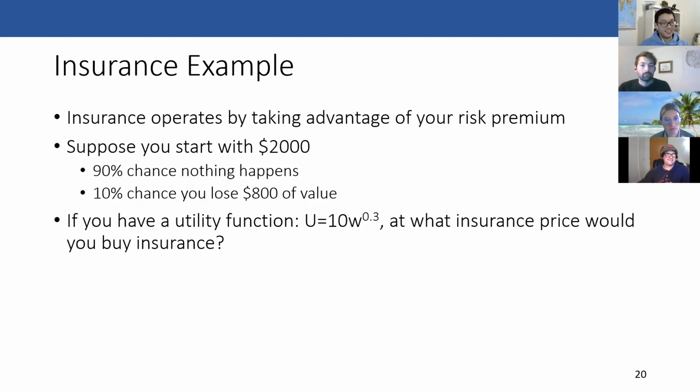So let's say you have a utility function defined as u equals 10 times the value of the thing to the 0.3 power. This is a typical kind of utility function that has a shape representing your risk profile.